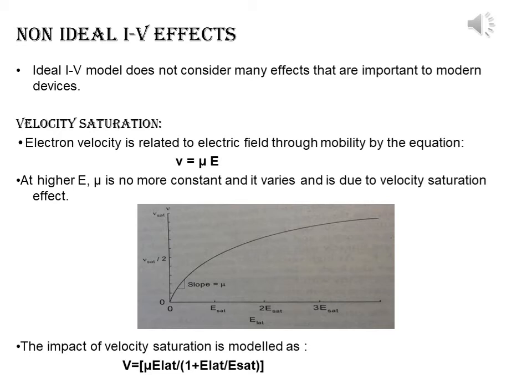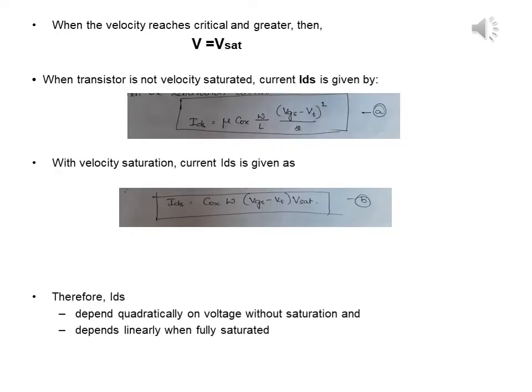Next, when the value of the electric field reaches the critical value or is greater than the critical value, then the velocity is equal to the saturation velocity, that is V sat.